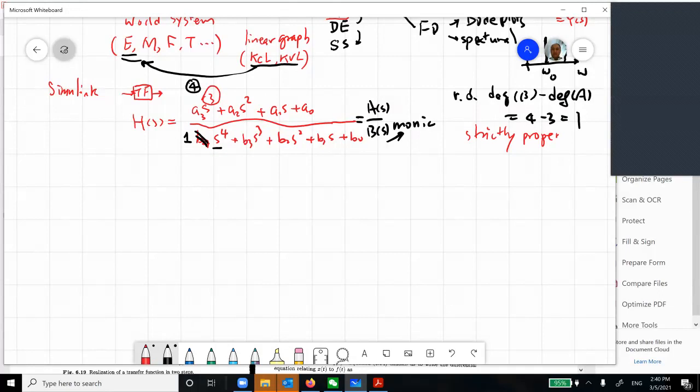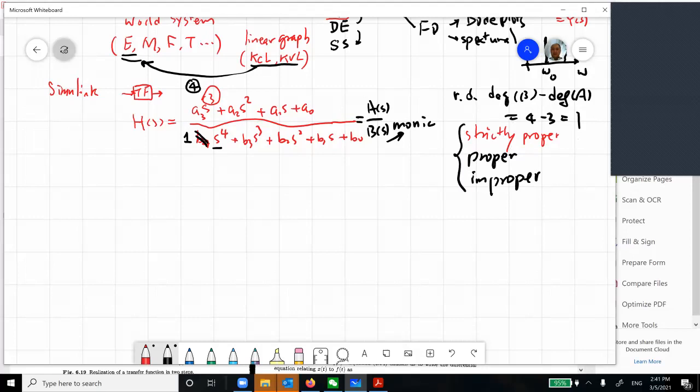But then you have relative degree 0, and it is called proper, not strictly proper. Of course, if the degree of B is less than the degree of A, then this is improper. You know that.